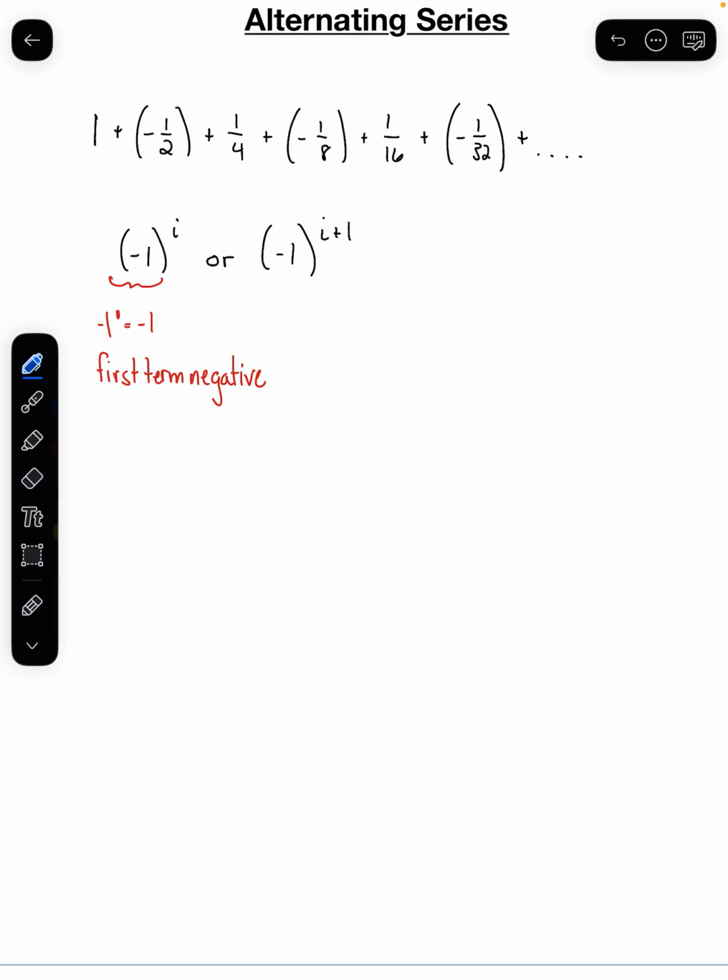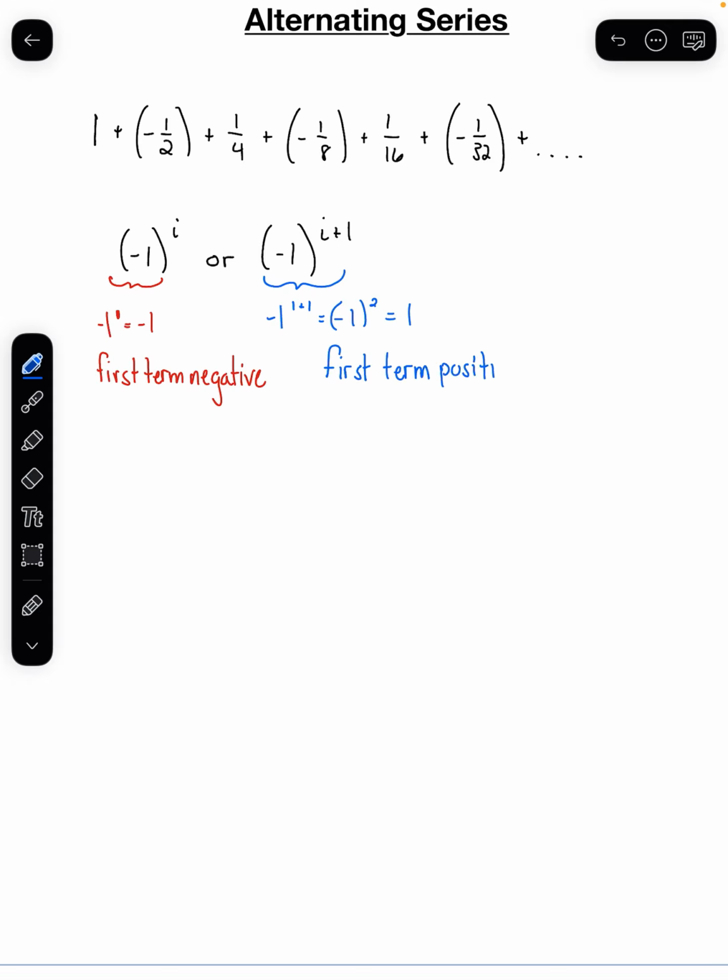Whereas, if it was -1 to the I plus 1, that would be -1 to the 1 plus 1, or -1 squared, which would give us +1. In this case, the first term would be positive.